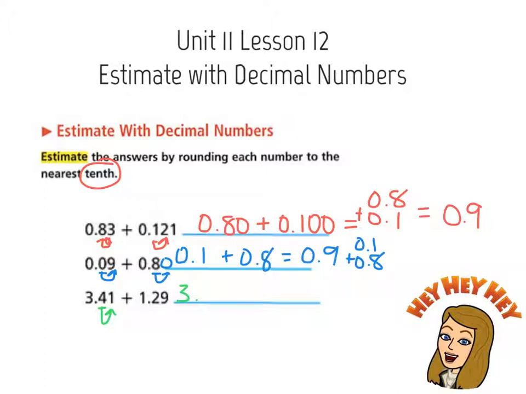So I still have 3 and then 4 tenths now. In the next number, the 2 is in the tenths place. Look next door. 9 will bump it up. So then I have 1 and 3 tenths now. When I line up these numbers to add, I end up with the new estimated answer of 4 and 7 tenths.